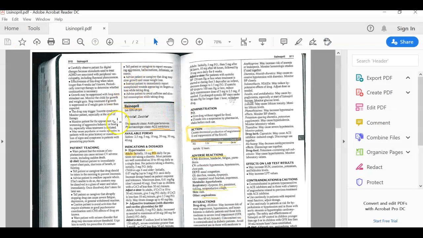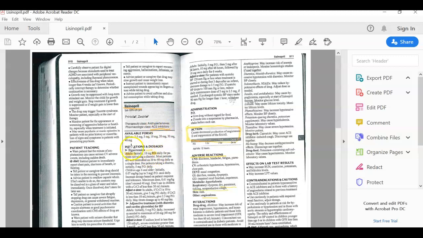So you look for your drugs. Here's lisinopril. These are going to be in here or should be in here by their generic name. So here's lisinopril. These are some of the brand names that go along with it. So its pharmacologic class is an ACE inhibitor, an angiotensin converting enzyme inhibitor.